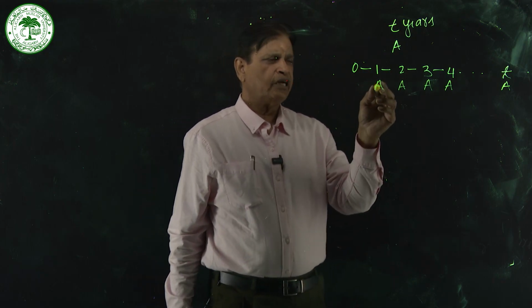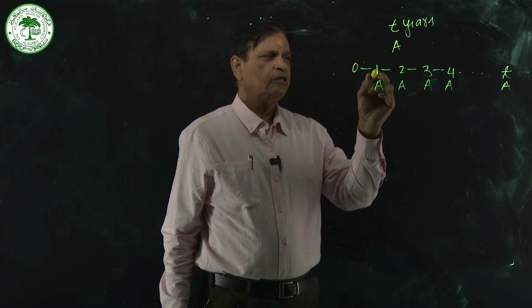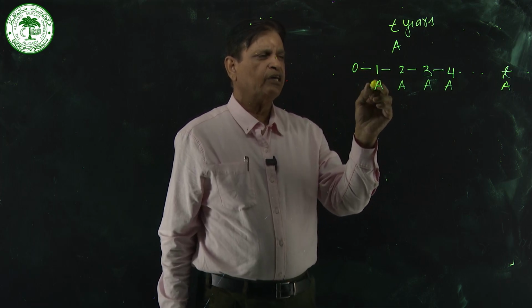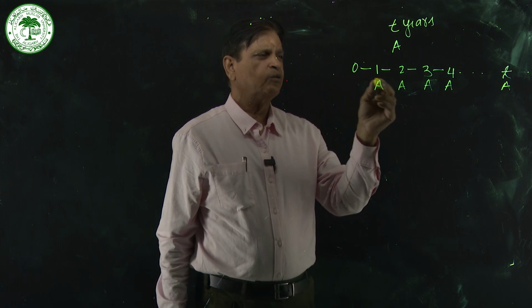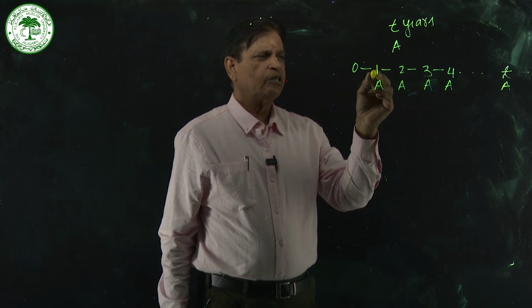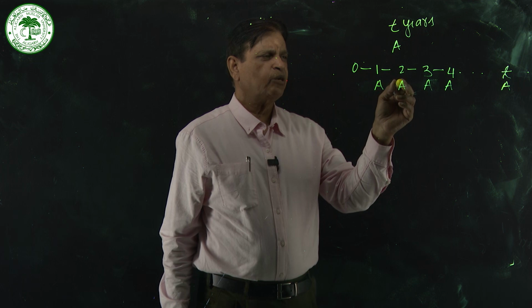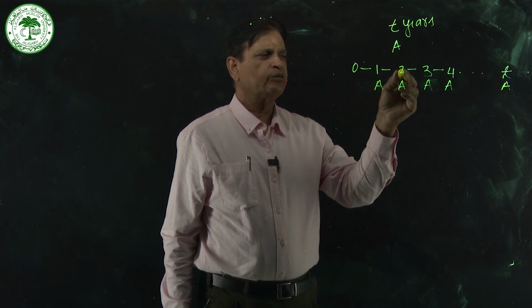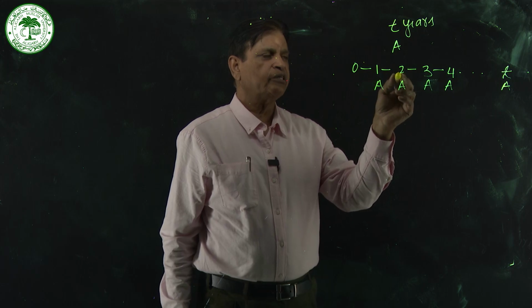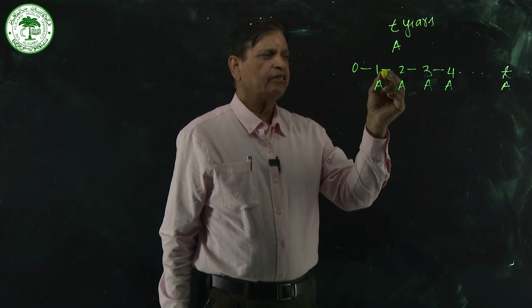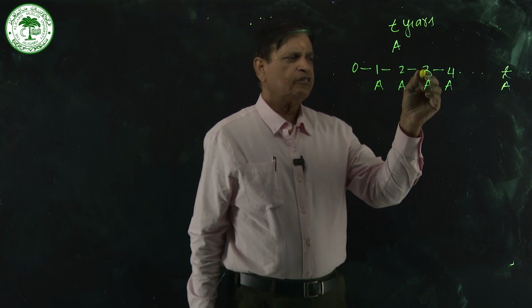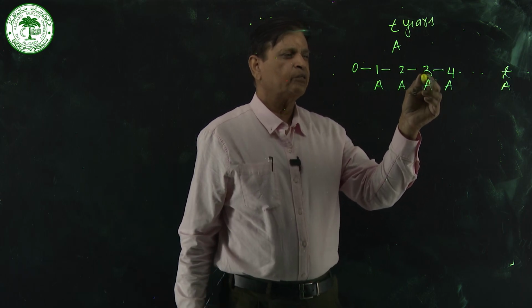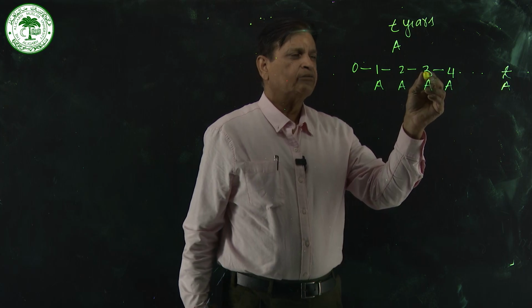So this amount is deposited at the end of the first year, and we have to find out its present value. It will be discounted only for 1 year. This amount is deposited at the end of the second year, so it will be discounted for 2 years. This amount is deposited at the end of the third year, so it will be discounted for 3 years.